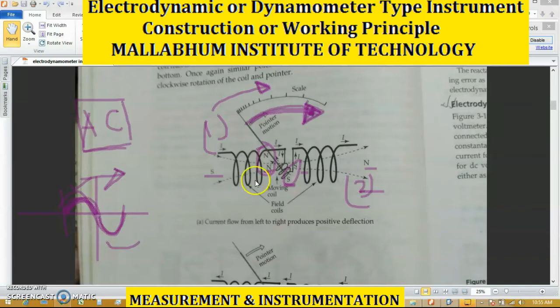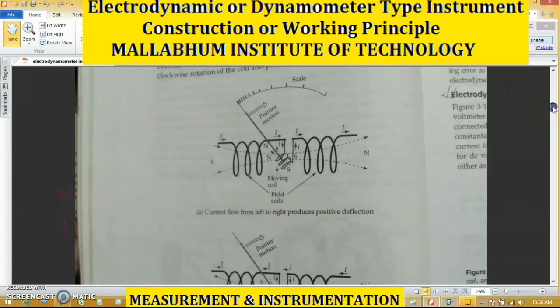That means this is north pole and this is north pole. Whatever the current direction, the same pole is produced in the moving coil and the magnetic coil. As the same pole is created, a repelling force is generated. This repelling force is responsible for moving the pointer to the rightward direction.